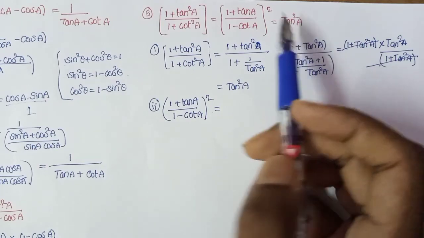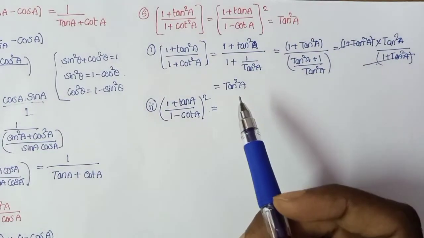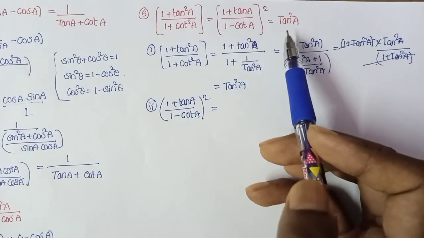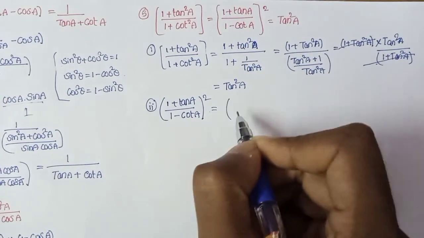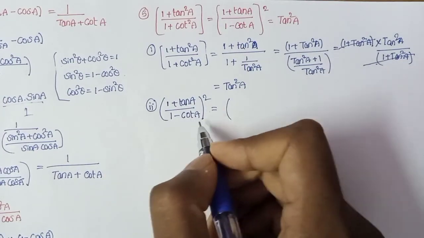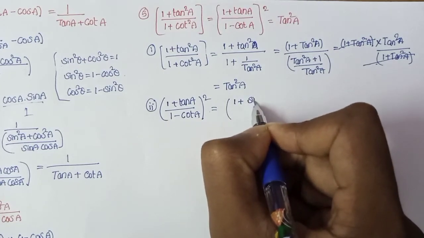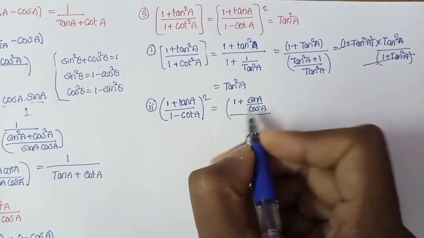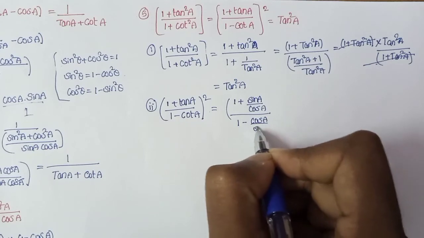So we can think to prove that 1 plus tan A by 1 minus cot A can be equal to tan A. So here what we can do is we break this tan and cot in terms of sin and cos. So what you will get is 1 plus sin A divided by cos A divided by 1 minus cos A divided by sin A.